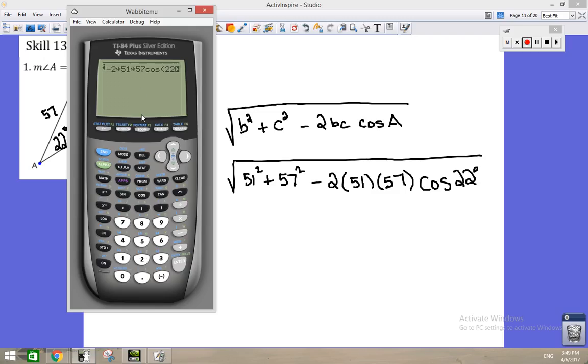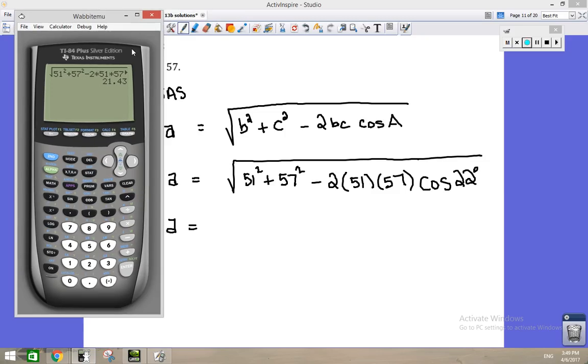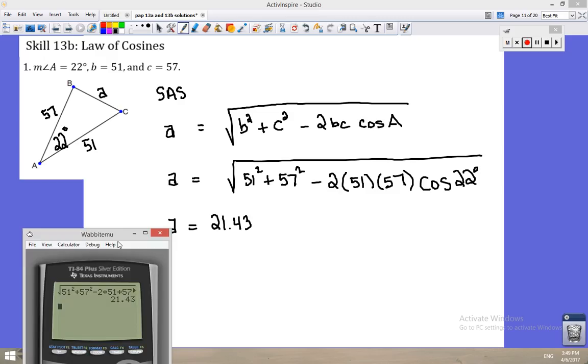It understands implied multiplication there. All right. So I'm getting a length of 21.43, and that would be units of length, whether that's inches or centimeters or so forth.